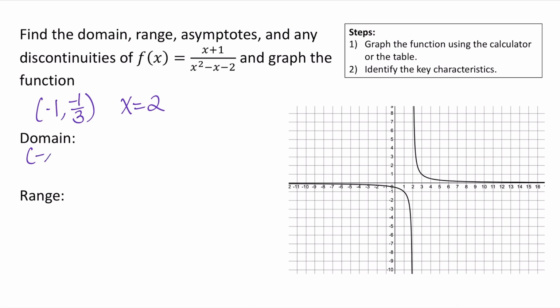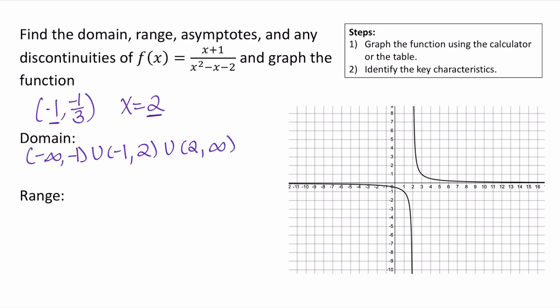We start off at -infinity, and then the graph is going to go to -1, and then it's going to stop there. Then it goes from -1 all the way to 2, since 2 is the next place we have a discontinuity. And then it's going to start up at 2 again, and it's going to go to infinity.